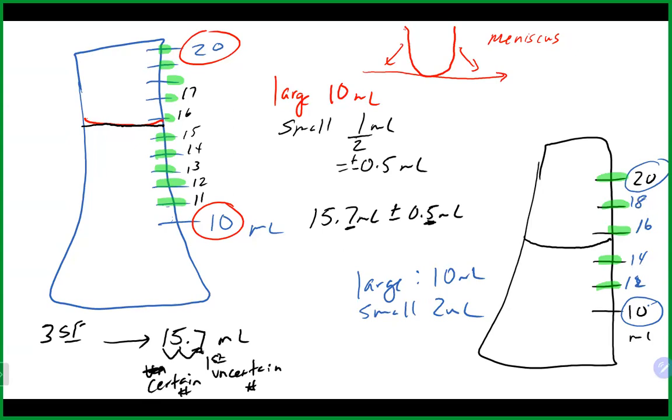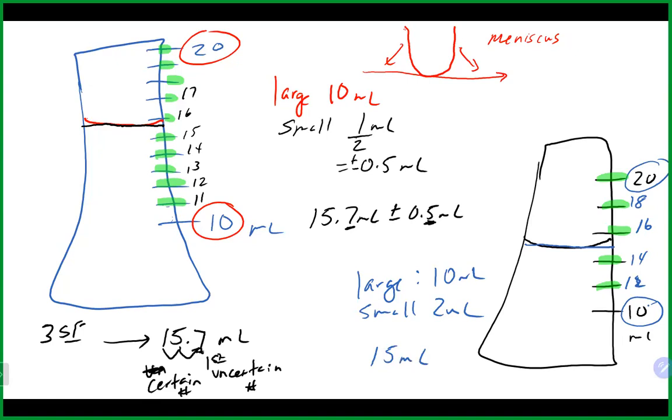So now when I go to take my reading on this particular scale, I am between 14 and 16. What comes between 14 and 16? It is 15. So in this particular case, the reading would be 15.